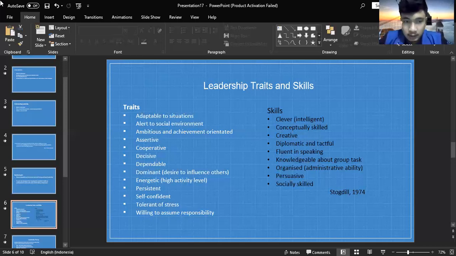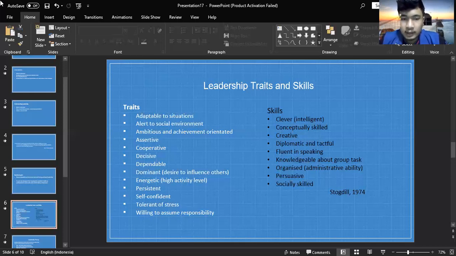Next, assertive, cooperative, decisive, dependable, dominant, energetic. As I said in ambitious, you must be energetic, or have a high activity level, in your team.